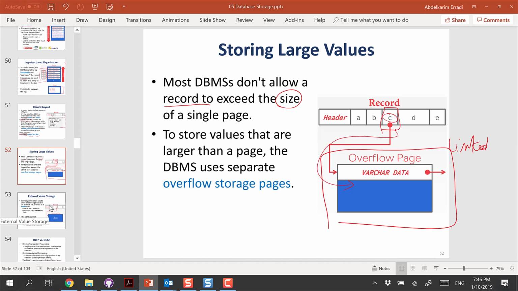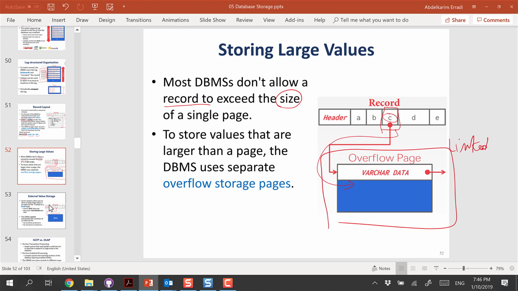Yes, please. For common databases like Oracle, is it the same? Each database has its own rules. For example, let's say MySQL might say if a record occupies more than half a page, we will not store the whole value inside the page.